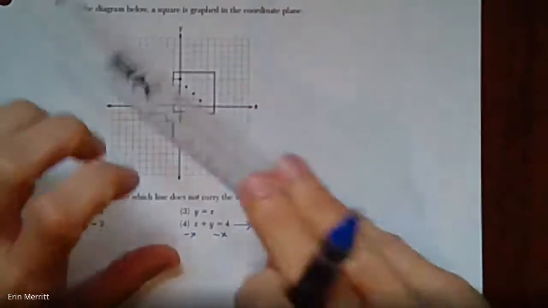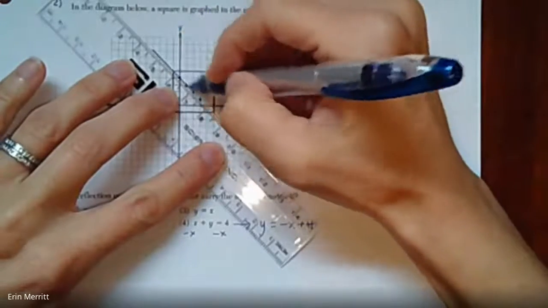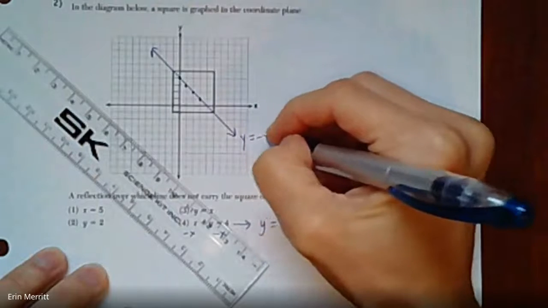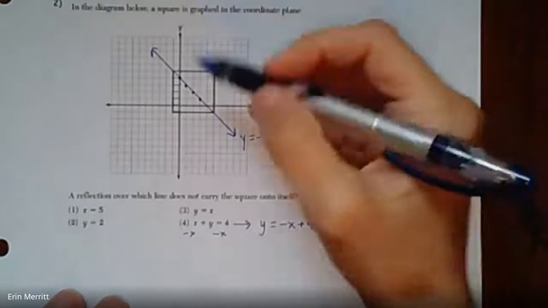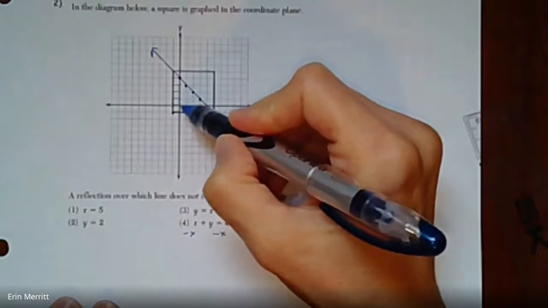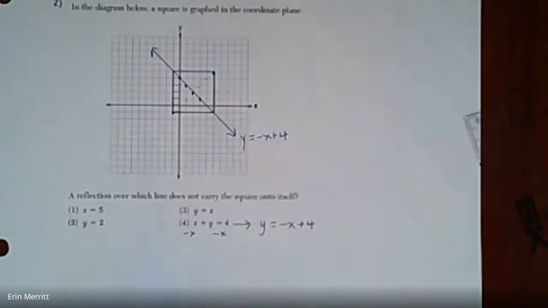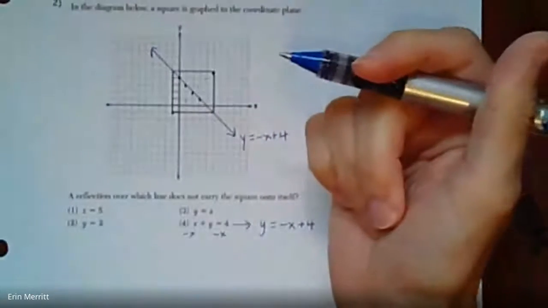So if I draw that line in here, I would get this. This is the line, y equals negative x plus 4. If I reflect that square over the line, what you're going to notice is this point would come 1, 2, 3 to hit the line and go 1, 2, 3 past. It would still land on itself. So even if you fold over, it will match perfectly.